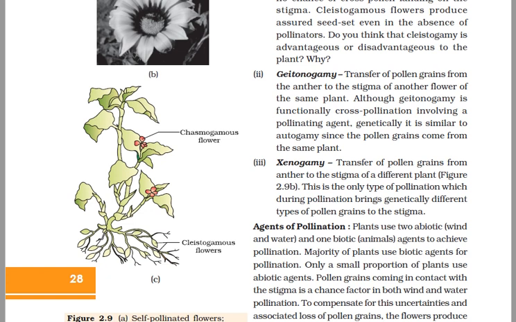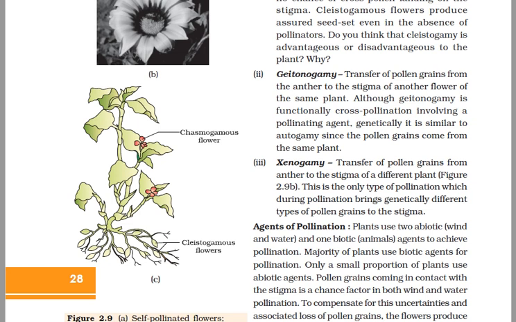It is economical because pollen grains are produced in large quantity, so even if some lose their viability, at least one or two are going to be transferred.